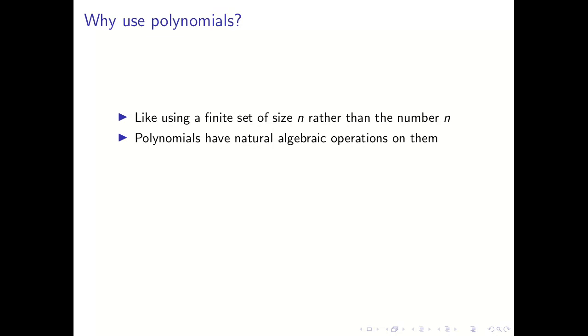Unlike sequences, polynomials have natural algebraic operations on them, like adding, multiplying, differentiating. I mean, in principle, we can define all of these things for sequences, but that's a little bit artificial, whereas with polynomials, we do these things already.